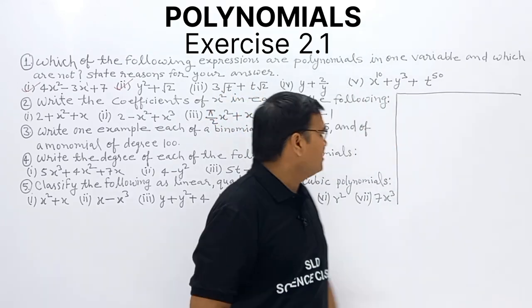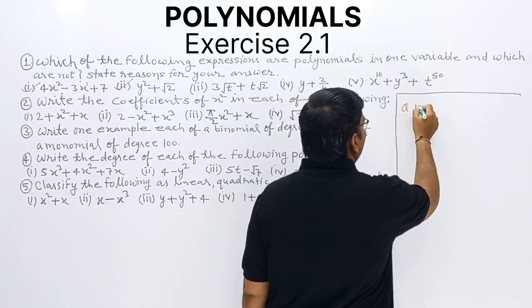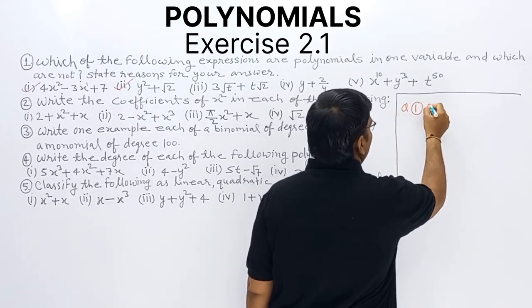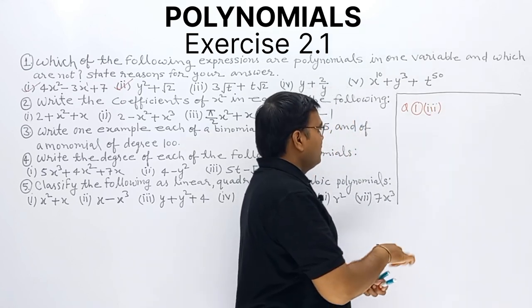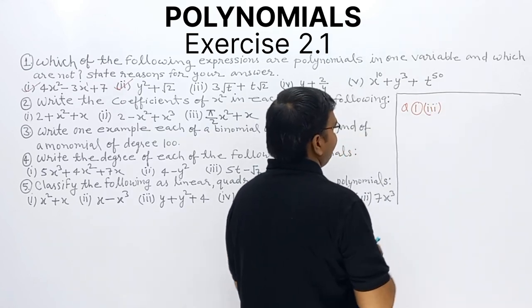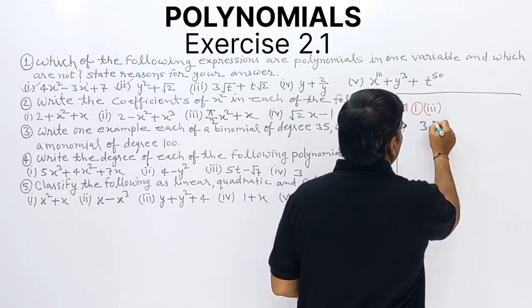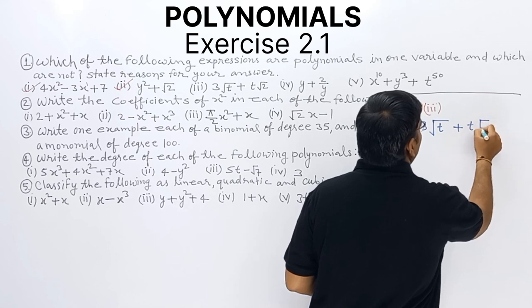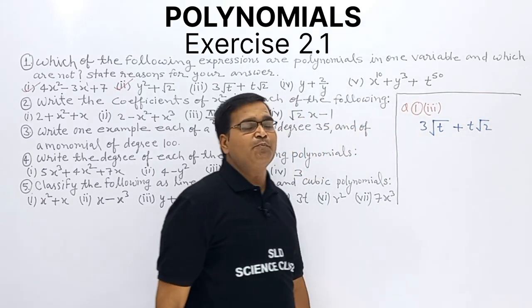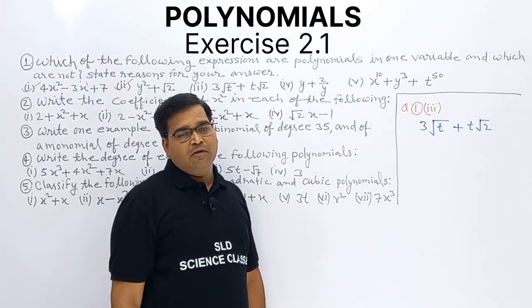Now the next one: 3 square root of t plus t times root 2. I am writing this one here, question number 1, part 3. Is this a polynomial in one variable or not?